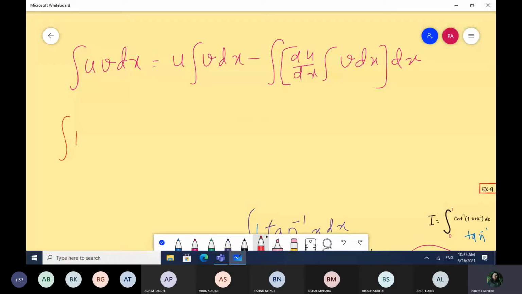So the integration of 1 into tan inverse of x dx. This is your v, this is your u.